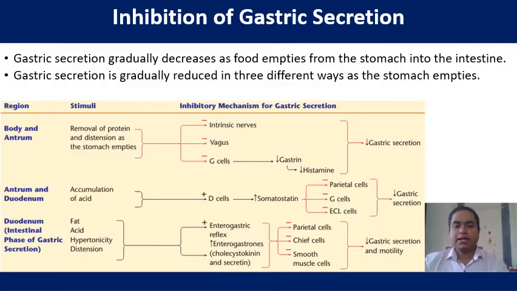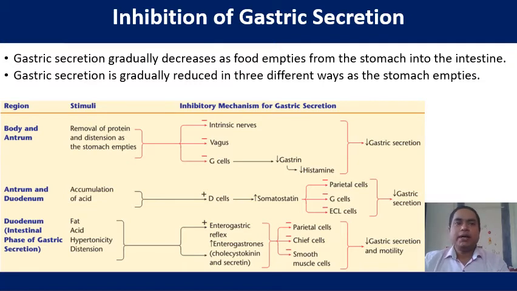In a previous slide, we investigated the activation or stimulation of gastric secretions. So in this slide, we will learn how gastric secretion is inhibited. Actually, the gastric secretion gradually decreases as food empties from the stomach into the intestine.